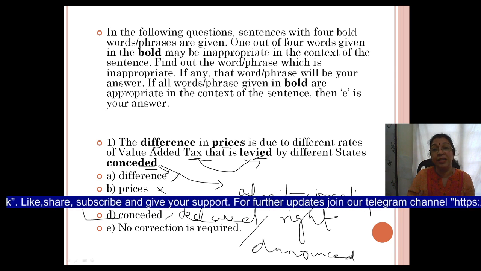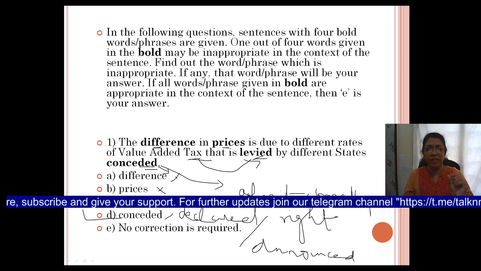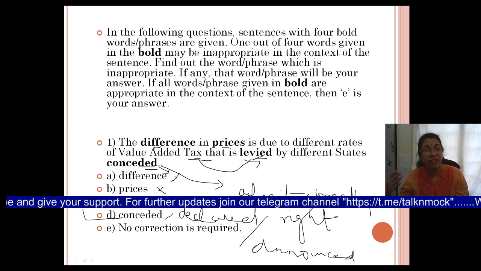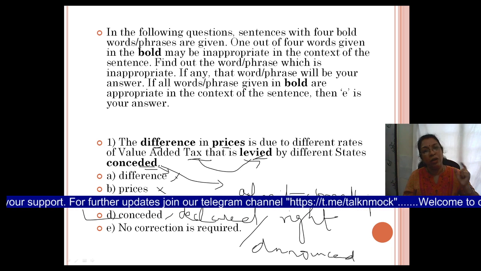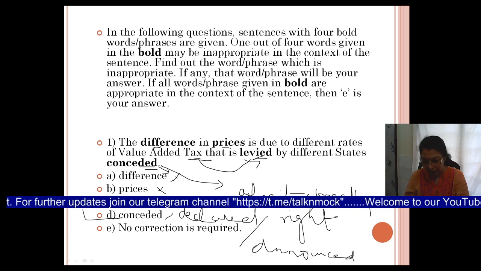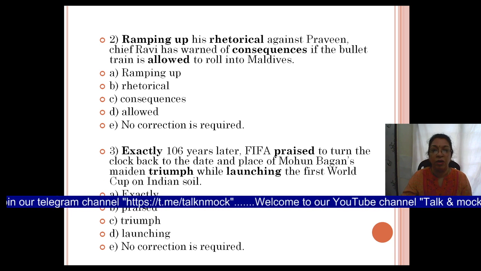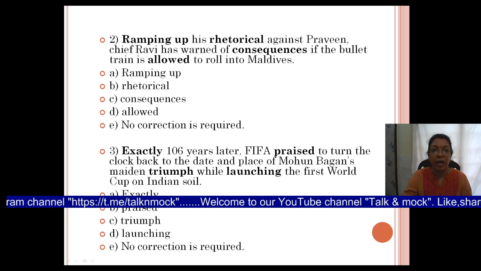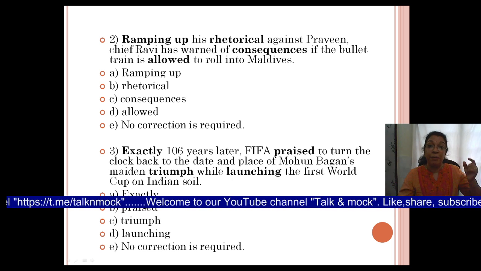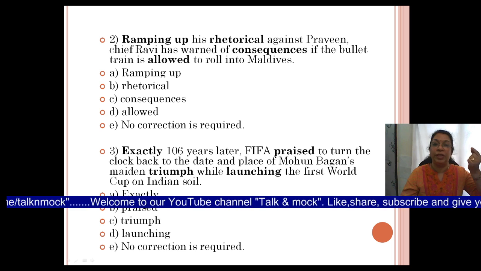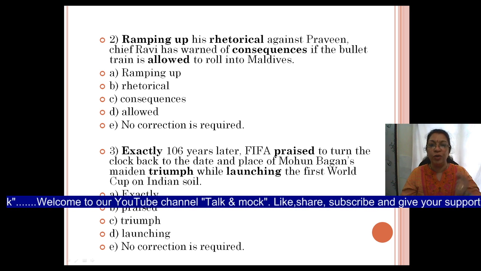Is that clear? In the same pattern they are checking your vocabulary as well as your grammar. Now, second one. Ramping up is rhetorical against Praveen. See, by now, the first question you will take a very long time, but now you will understand.